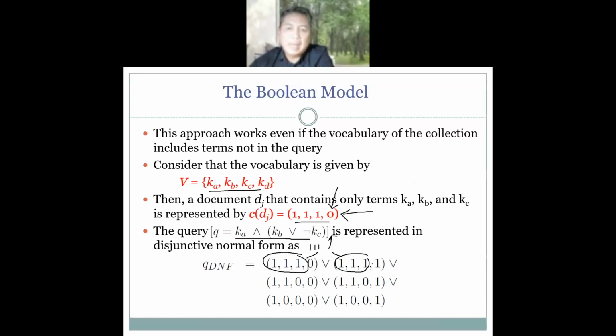So I will expand this. All of this is the possible document that will be retrieved, because the query here doesn't specify what D is. So no matter what the value for D is, it will be retrieved also.